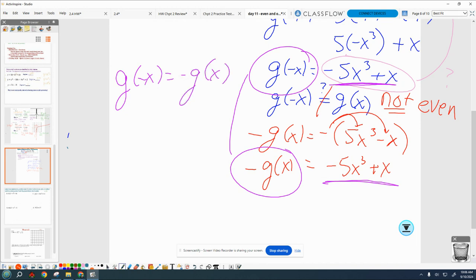So, what Aiden said a long time ago, g of x is odd. Why is it odd? Because g of negative x equaled negative g of x. Okay.